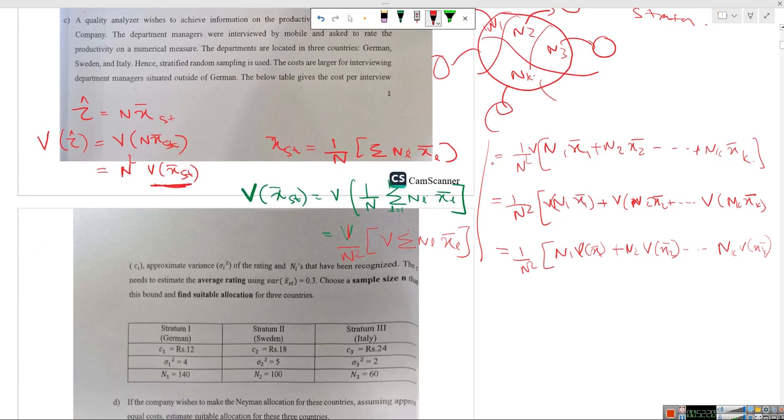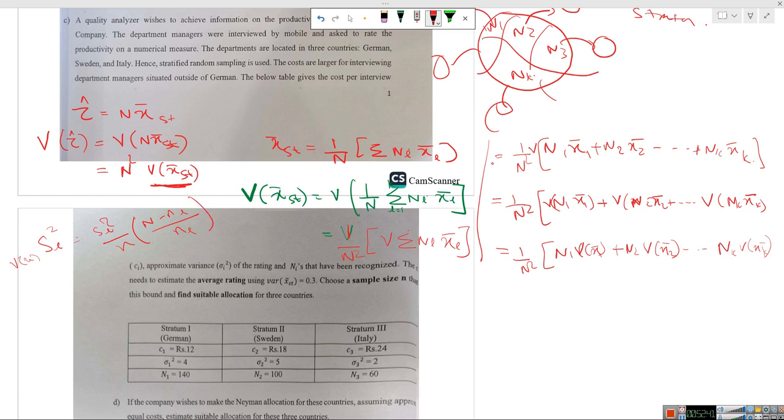Now here we have already studied the equation for simple random sampling, right? So the variance of x bar is equal to Si squared divided by n, times Ni minus ni divided by Ni, right? So this is what we have studied.